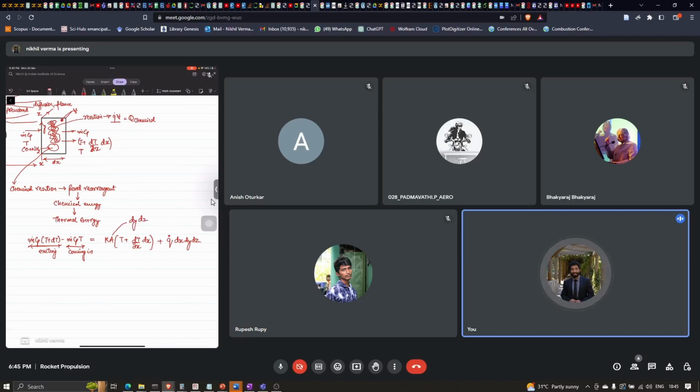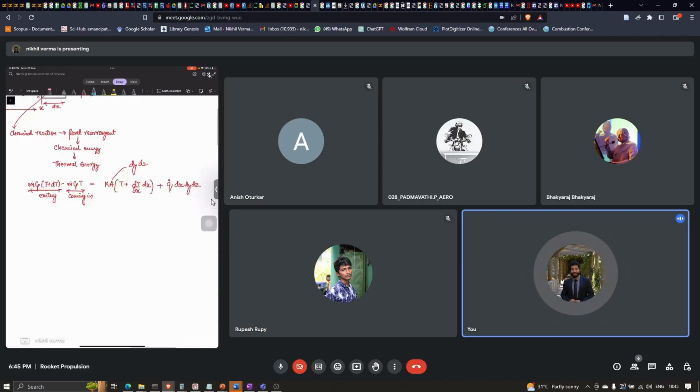So I'm talking about this area, right? So this part is because of the conduction. This part is due to the chemical energy that is getting generated.